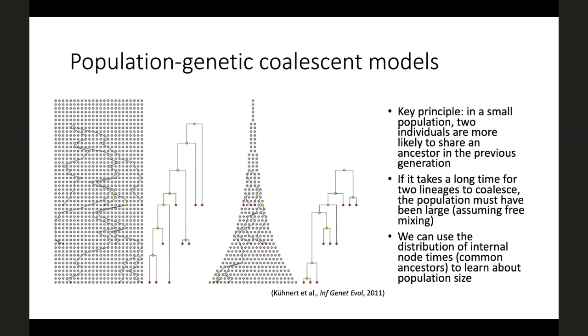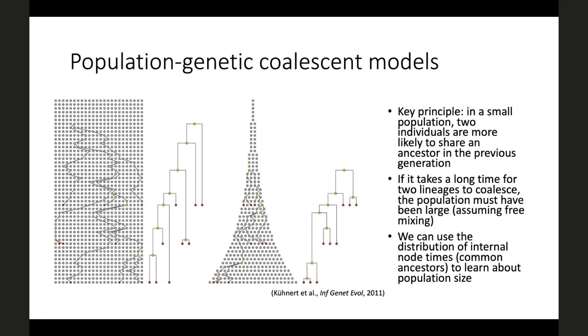So population genetic coalescent models, the principle here is that if you were to pick two individuals of one generation of organisms at once, if they're in a small population, they have a much greater chance of sharing a common ancestor in the previous generation, because there were just fewer people in that generation to have given birth to them. So the idea being, if you look back at the tree and two branches take a long time to coalesce, they were probably in a large population, but if they take a short time to coalesce, they were probably in a small population.